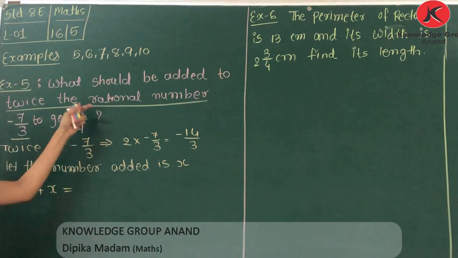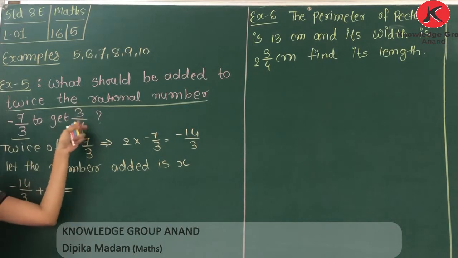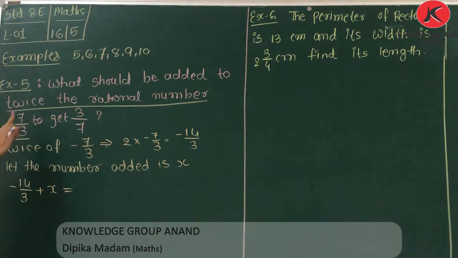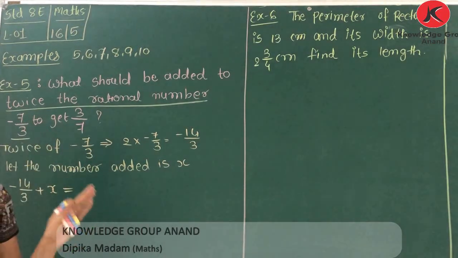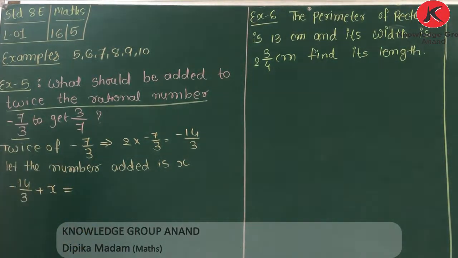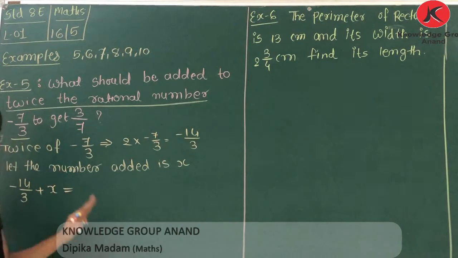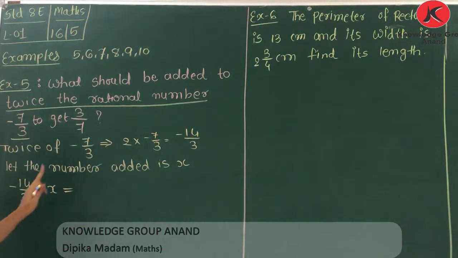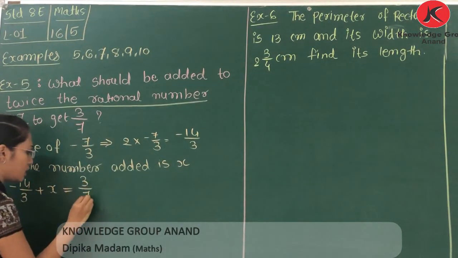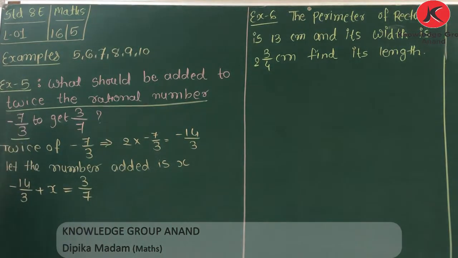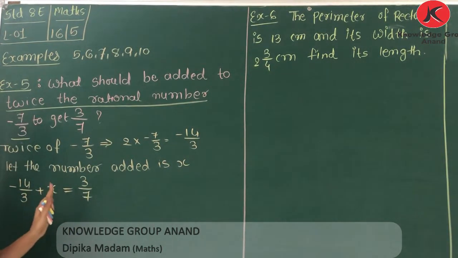The answer is given to get 3/7. Now you get the equation. If you solve the equation, you will get the value of x, that is, which number is to be added.